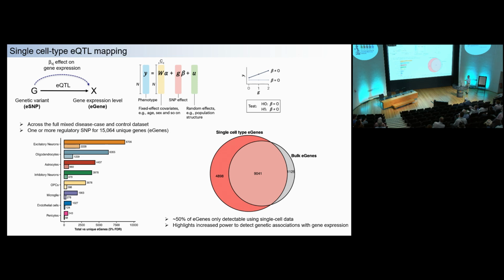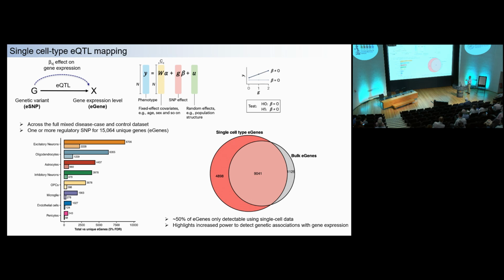Interestingly, this is a Venn diagram of the number of eGenes that we found in the single cell data compared to an equivalently sized bulk tissue RNA sequencing data set, which we generated artificially by aggregating all the counts for each individual gene across the entire data set, so not taking into account the single cell type information.